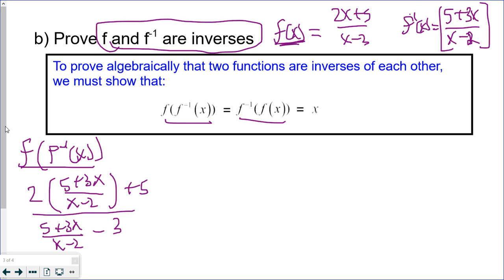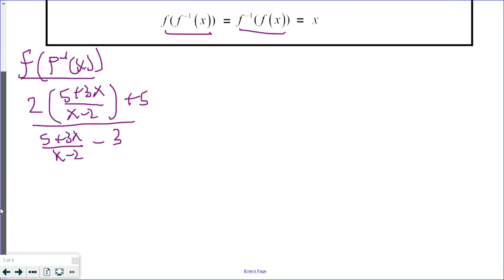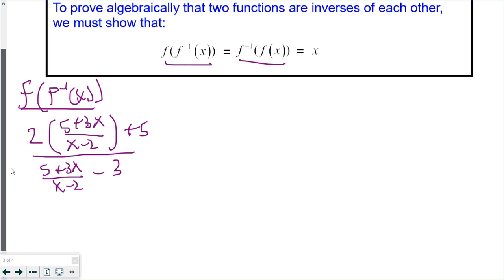So that may look ugly, and because it is ugly, okay? This is a complex fraction. Now, to simplify this complex fraction, the idea is that it's going to simplify down to x.